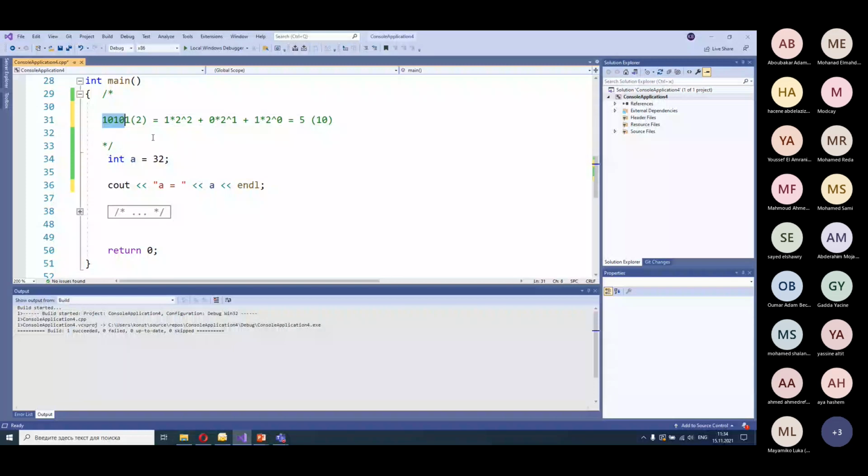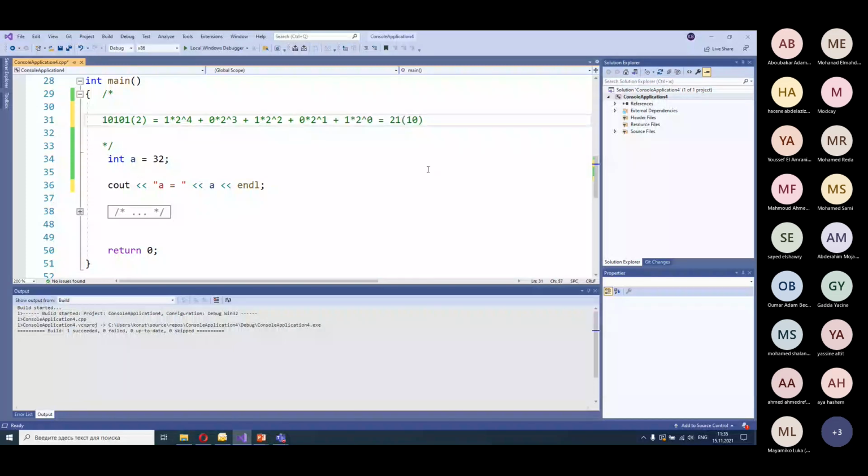We should write 0 times 2 power 3 and 1 times 2 power 4. So we should add here 16 and we get 21 in the decimal system of notation.